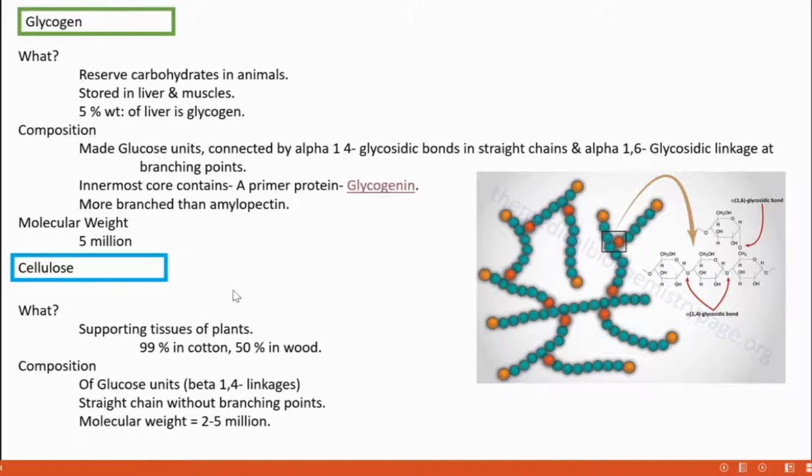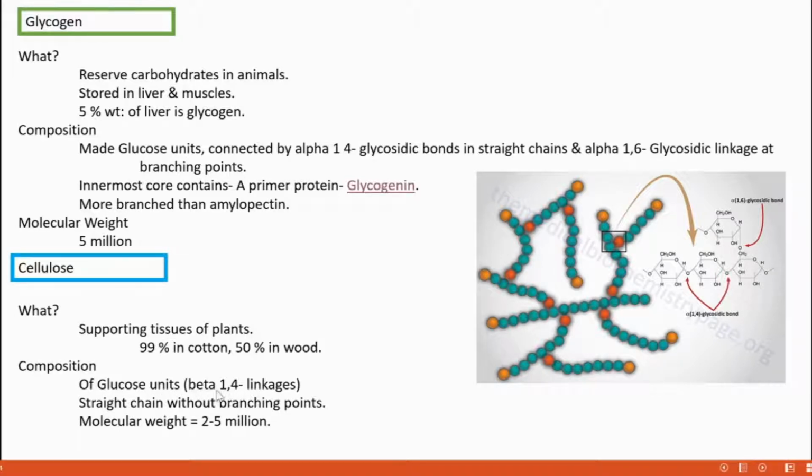Next is cellulose. Cellulose is present in plants. In cotton, 99% is cellulose, and in the case of wood, by weight, it forms 50%. Cellulose is composed of glucose units linked through beta 1,4 linkage.